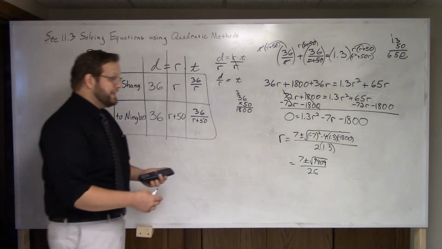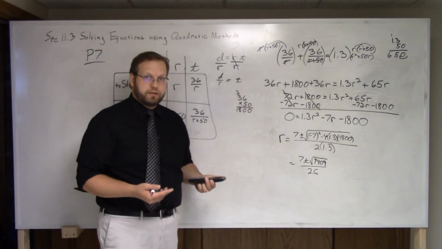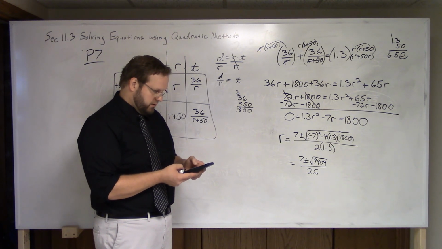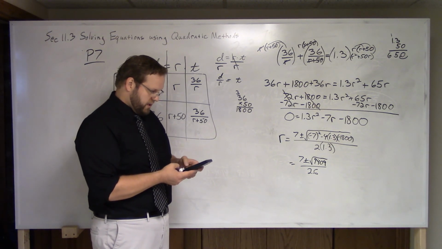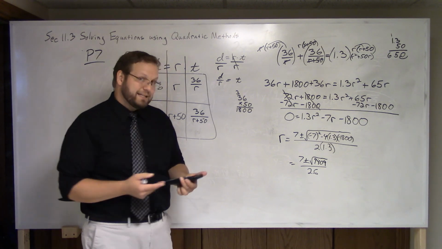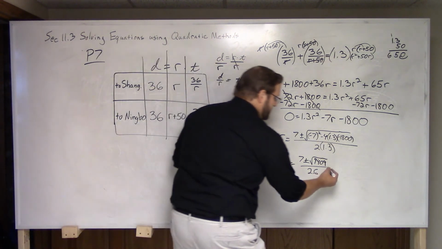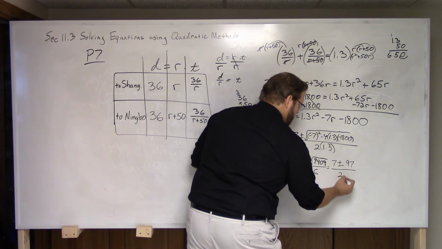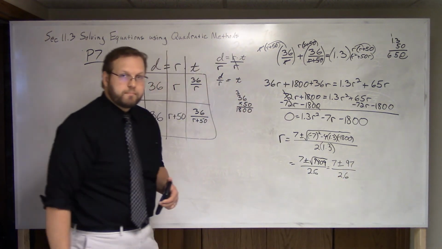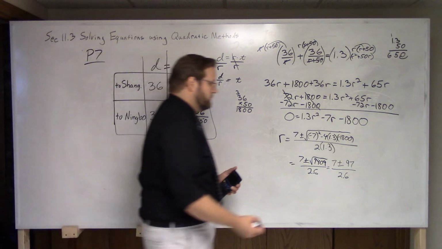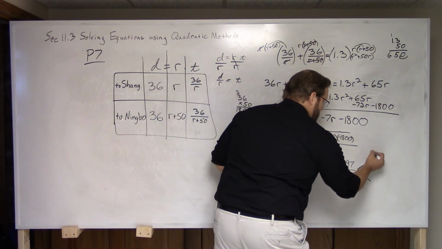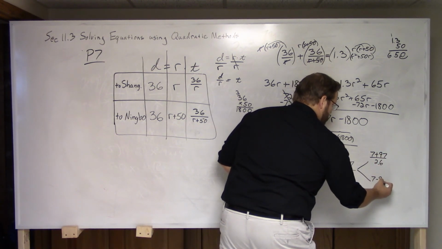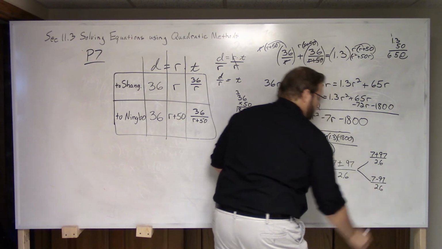So they didn't say anything about rounding or anything like that. But with 9409, if we take the square root of 9409, we get a nice clean 97. Okay, so what that turns into is 7 plus or minus 97 over 2.6. And then we can work that out. 7 plus 97 over 2.6, 7 minus 97 over 2.6.